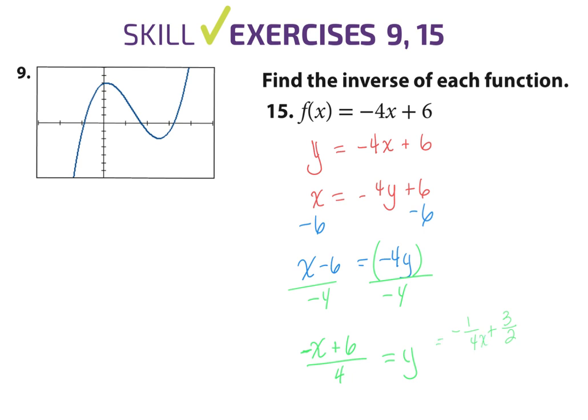And then remember, we're going to change out that y. So we're going to say f to the negative 1 equals negative 1/4 x plus 3 halves. And then this number 9 here is just wanting us to say, nope, we will not have a function when we take the inverse here. We will have an inverse, but it will not actually be a function because that line test does not work.